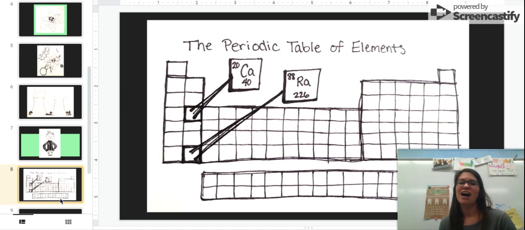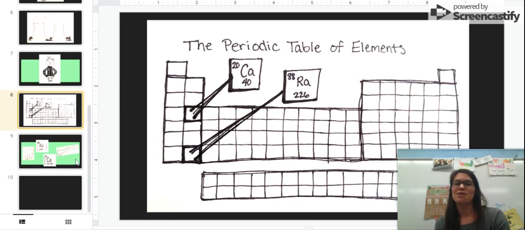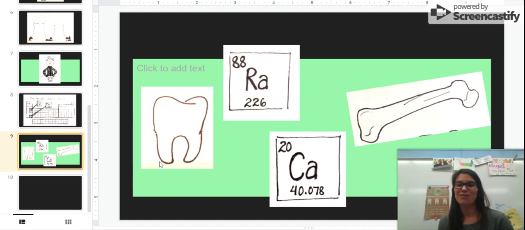Radium is a radioactive element that is similar in behavior to calcium. Calcium you might recognize as something that we want in our body because it's good for our teeth and for our bones. Radium is going to behave in a similar way to calcium. So it's actually going to bond and adhere to our bones and our teeth.